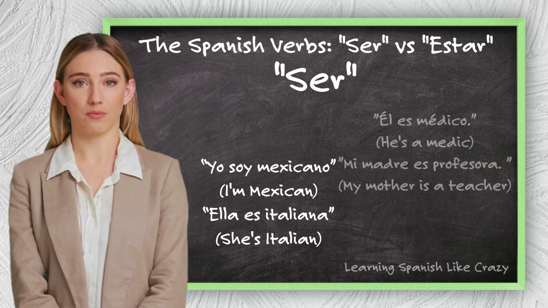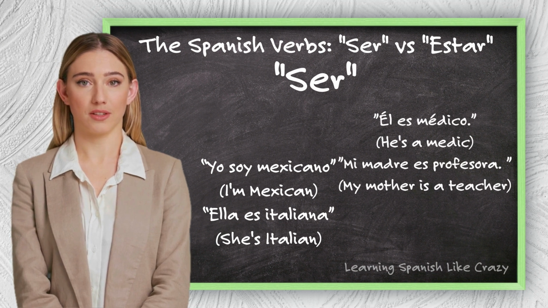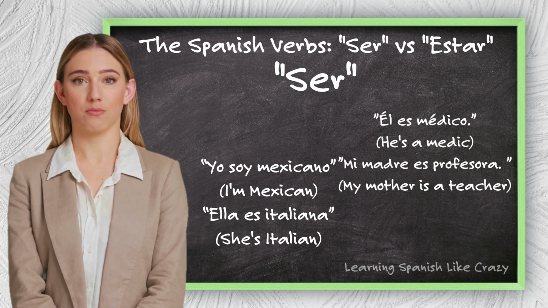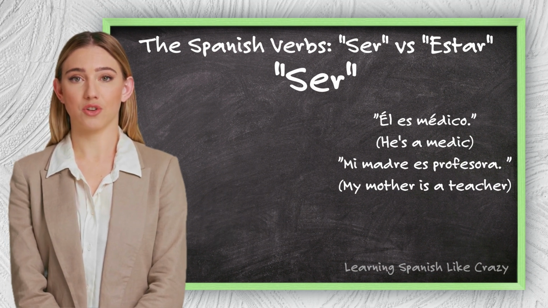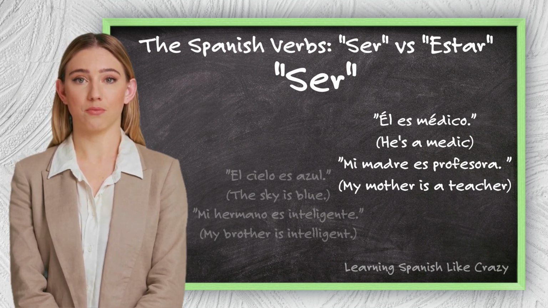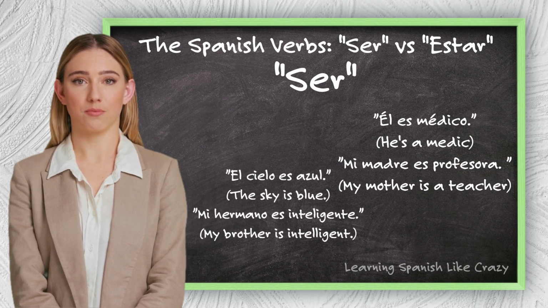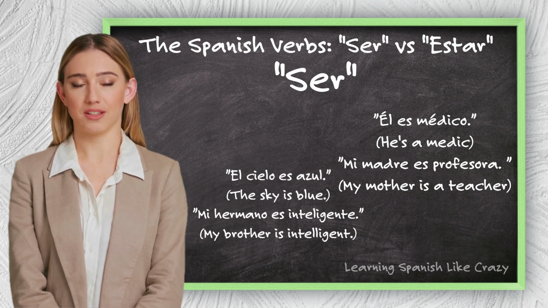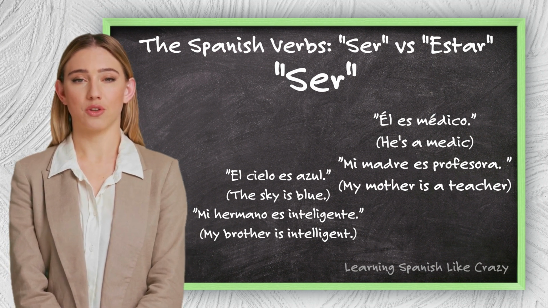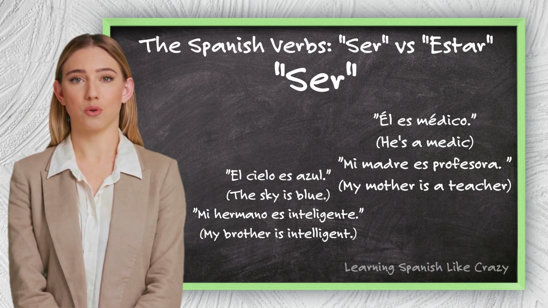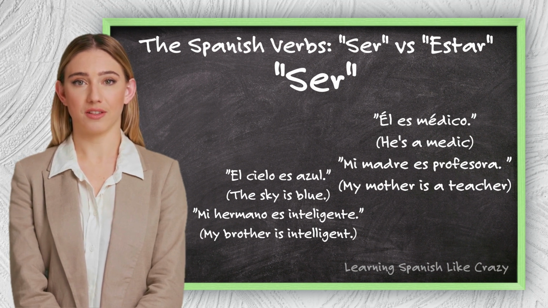Él es médico. Mi madre es profesora. Moreover, it is used to describe inherent qualities and characteristics. El cielo es azul. Mi hermano es inteligente. Remember, this verb is used when talking about who we are, what we do, or our inherent qualities that define us.